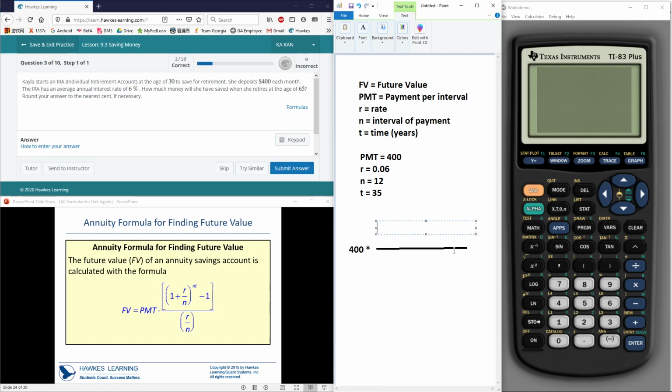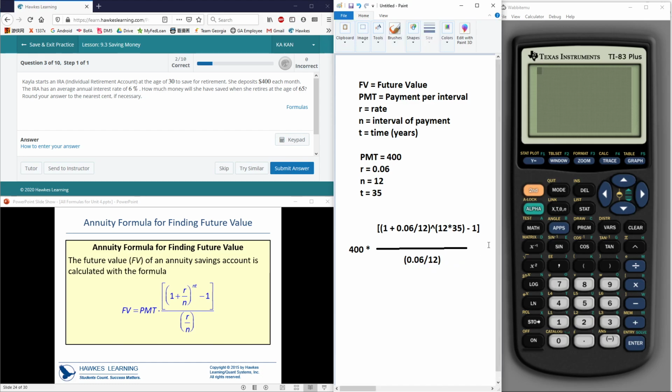It's going to be 1 plus 0.06 over 12, raised to the power of 12 times 35, right? NT. Then minus 1. That's the numerator. The denominator is going to be a lot easier. It's going to be R over N, which is 0.06 divided by 12.